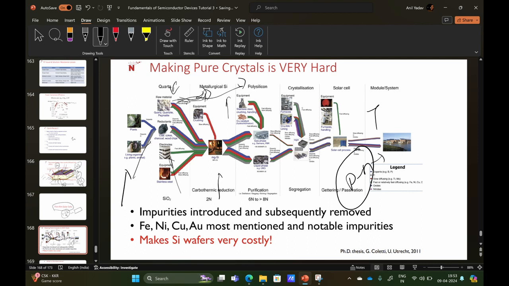A very clean environment is required at the segregation and crystallization stages. This means a clean room is required, and there are grades of clean rooms.